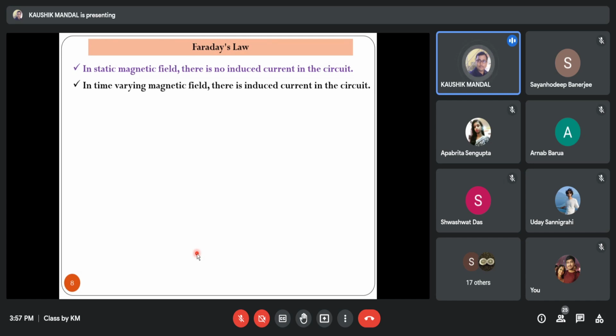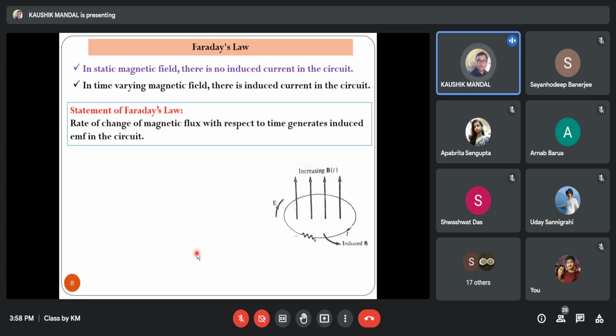Depending on these two observations from his experiments on static and time varying magnetic fields, Faraday's law states that the rate of change of magnetic flux with respect to time will generate the induced EMF in the circuit.